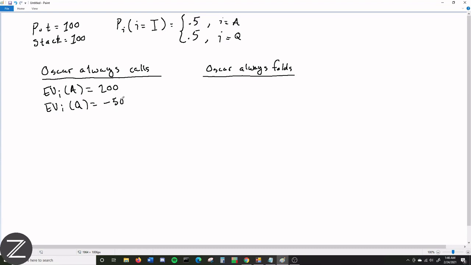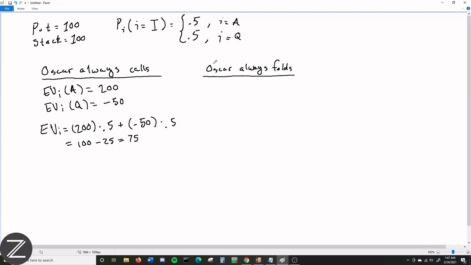So half the time the queen is going to lose 100, and then the other half of the time, the queen will just be checking back and not yielding anything. And so here, India's expectation is going to be 200 times 0.5 plus minus 50 times 0.5, which is just 100 minus 25, which is 75.